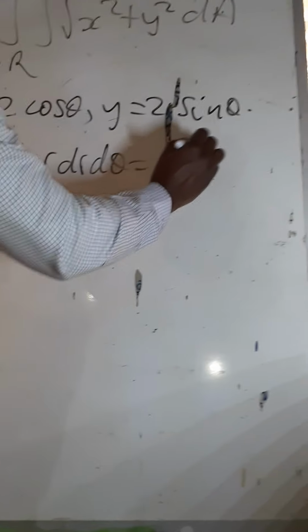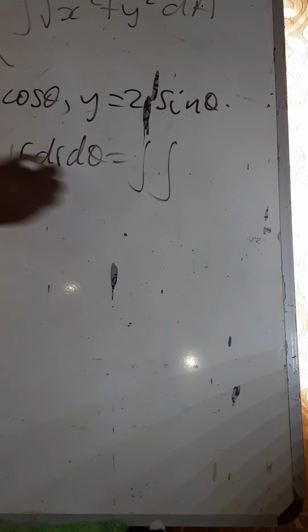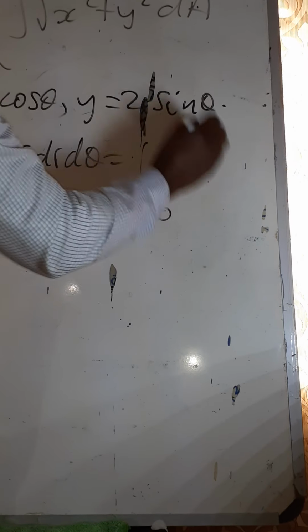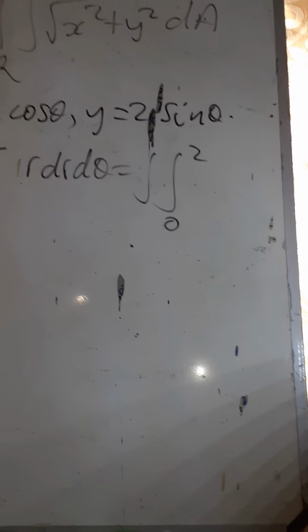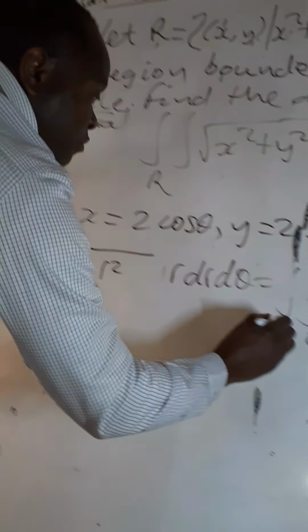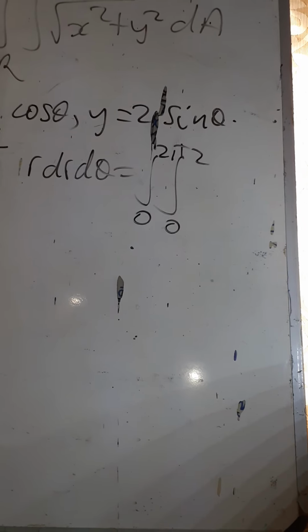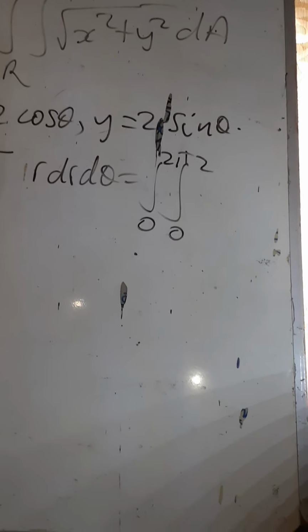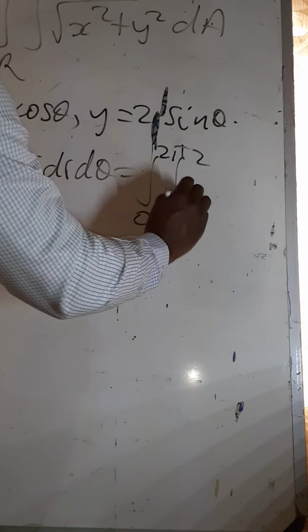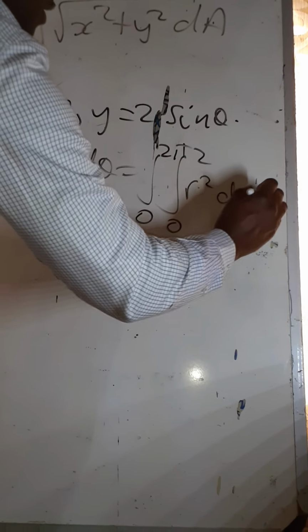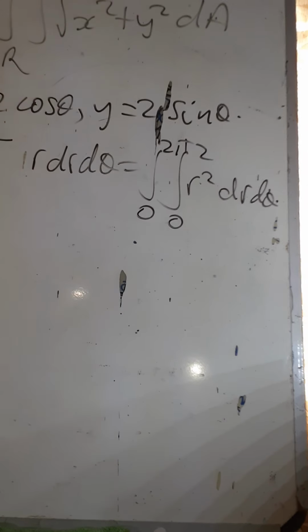So which is equal to, r is ranging from 0 to 2. Then 2 pi is the whole circle. You see? The circle, so it's from 0 to 2 pi. Then square root of r squared is r times that r. You will now have r squared dr d theta.